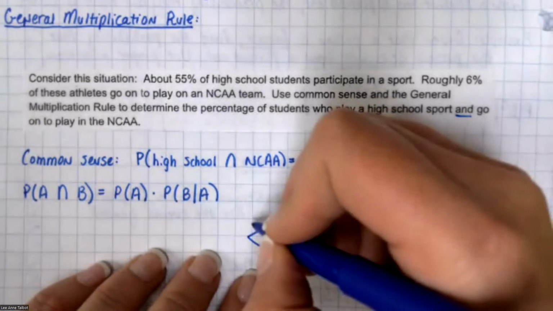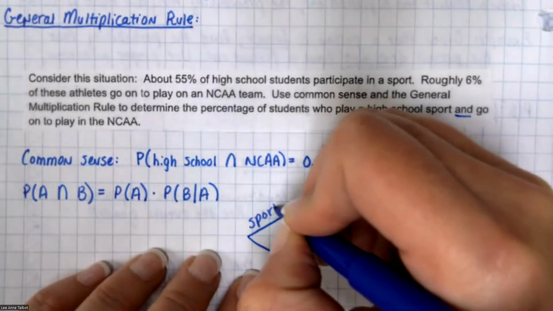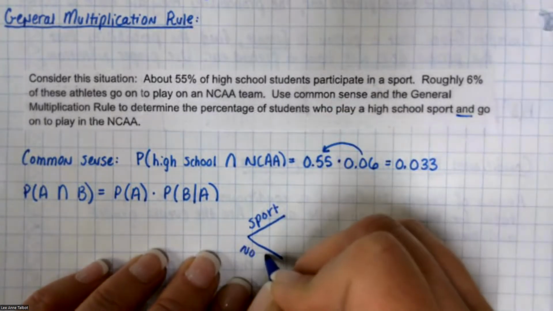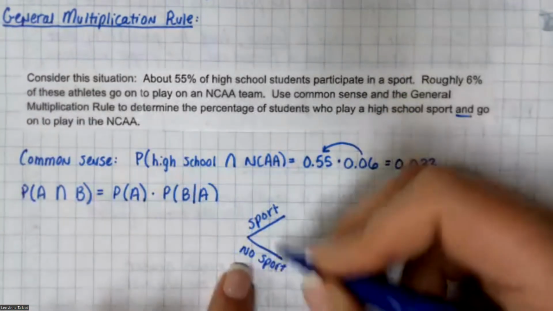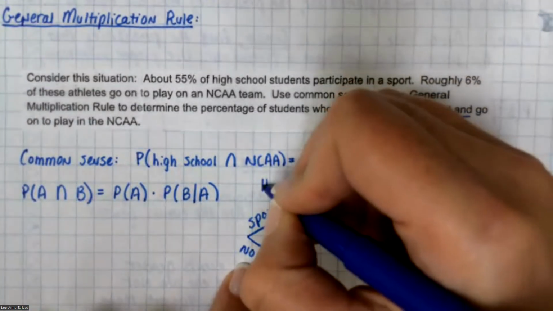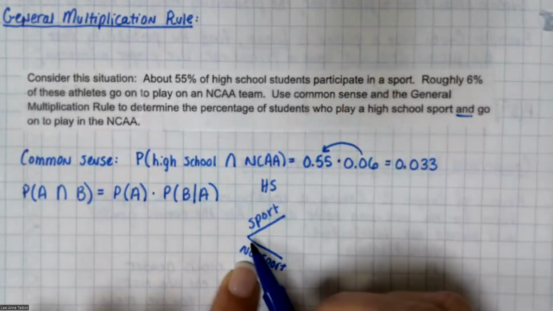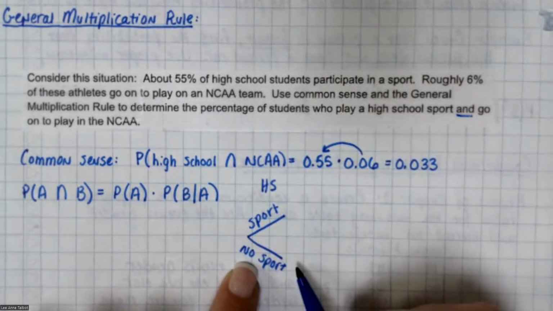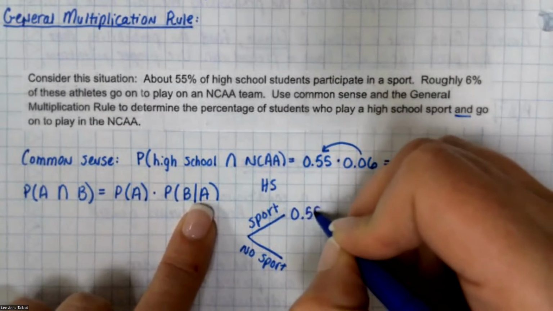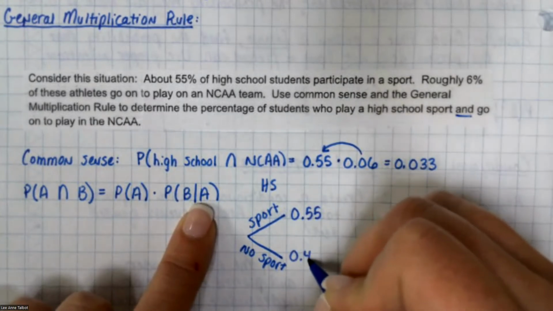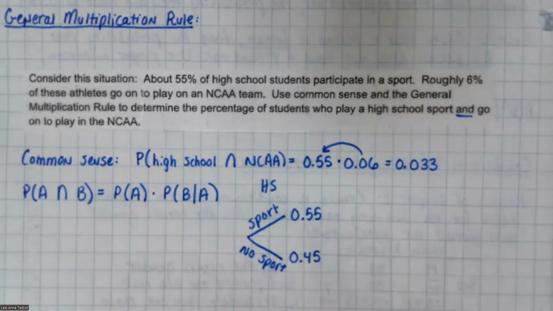Okay, so this is high school. So you have a certain amount of kids play a sport, certain amount of kids don't play a sport. In this particular example, 55% play a sport. That means we can assume that 45% do not.